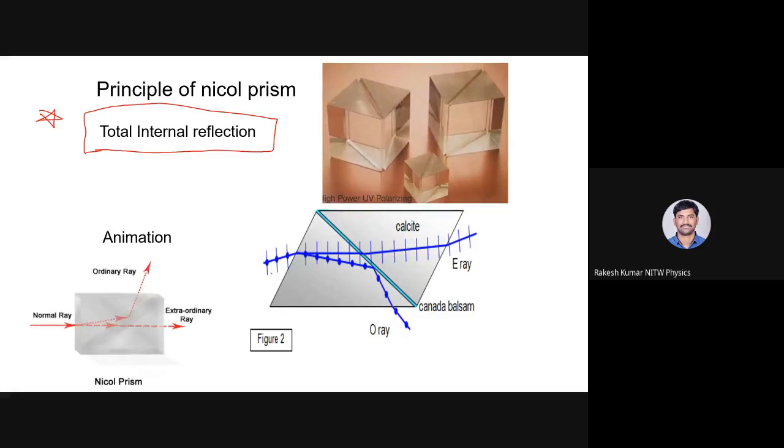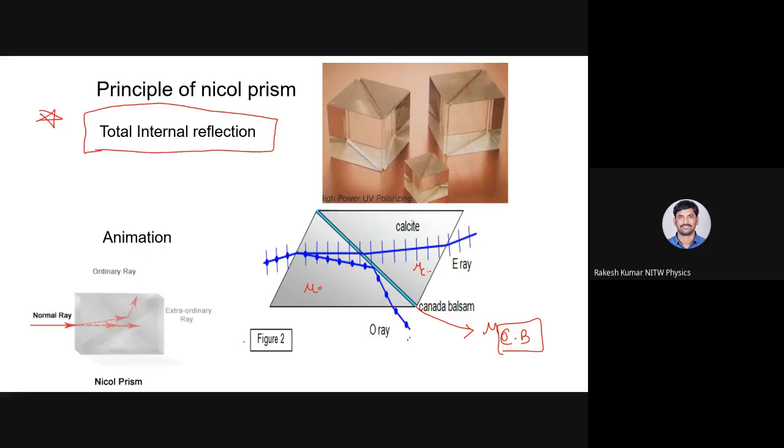So please listen. This is one calcite crystal of some refractive index, and this is another material called Canada balsam, whose refractive index is defined in such a way that one of the rays undergoes total internal reflection, and the other ray will travel as it is. If you look at the animation here, it will be more clear.